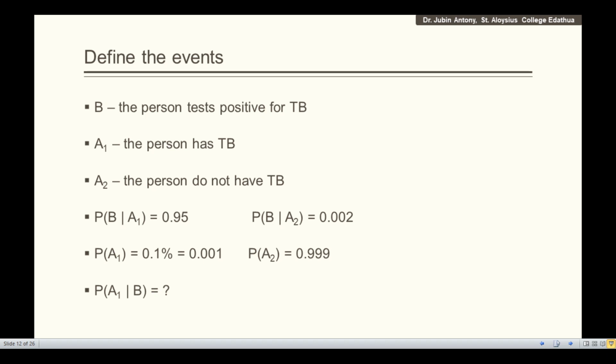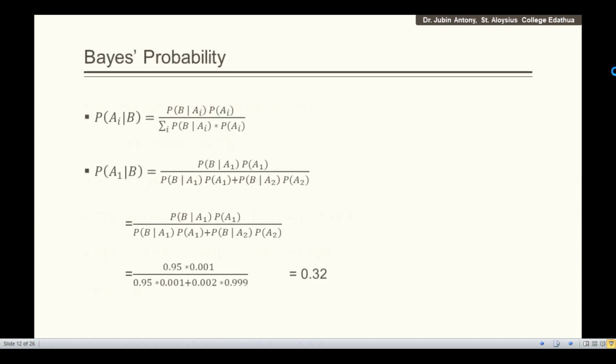The question is, if an adult is selected at random and is diagnosed as having TB, what is the probability of his actually having TB? That is, we need to find probability of A1 given B. Now substituting the earlier probabilities in the Bayes theorem, we get the probability as equal to 0.32.